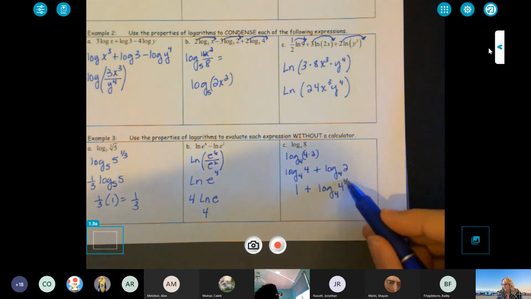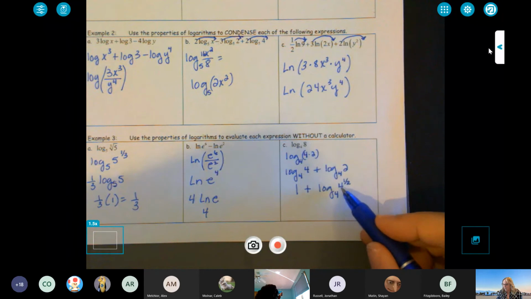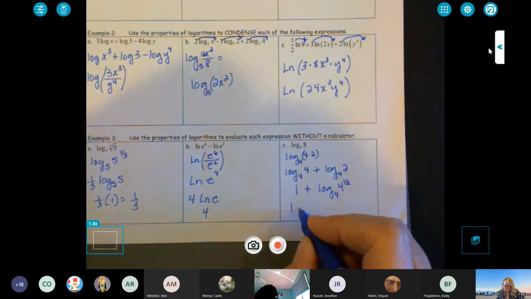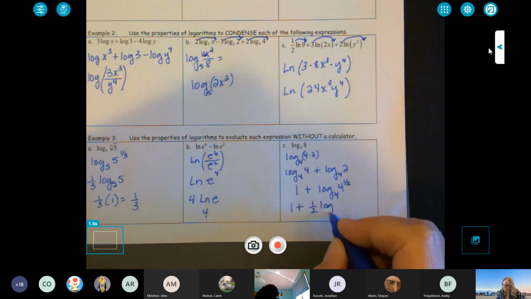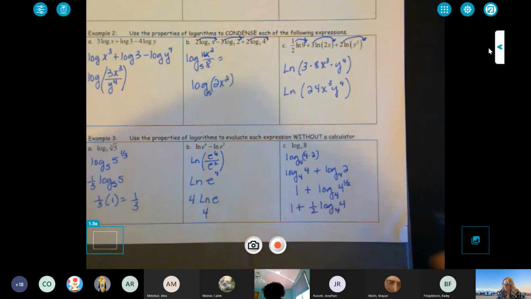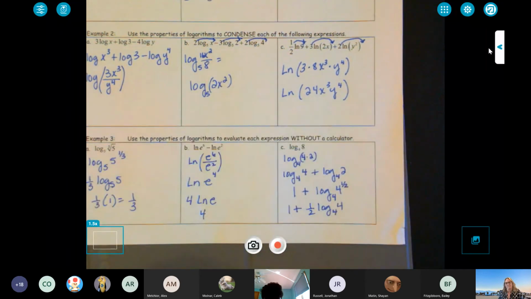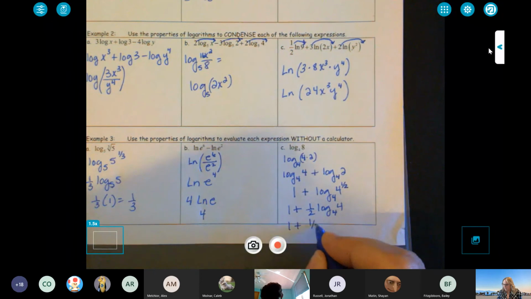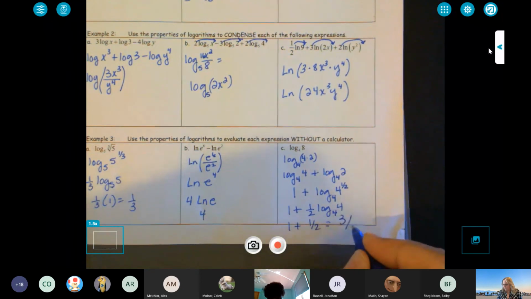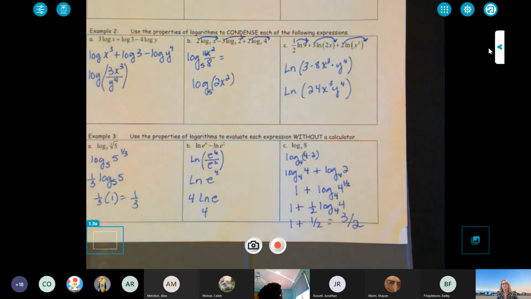Because, again, you should know that that means square root. So now that these are the same, I like that. And I also can use the power property here. And again, this is equal to 1. So it's 1 plus 1/2. And the answer is 3/2.